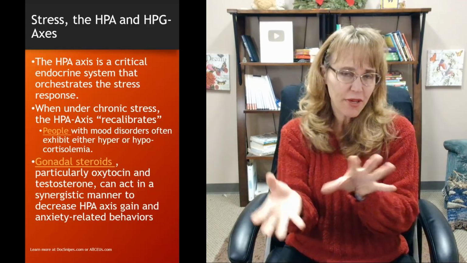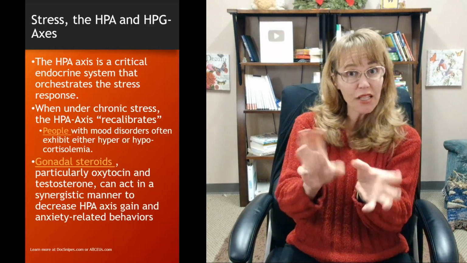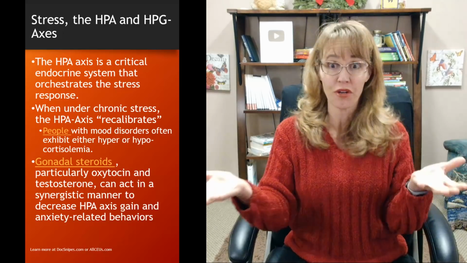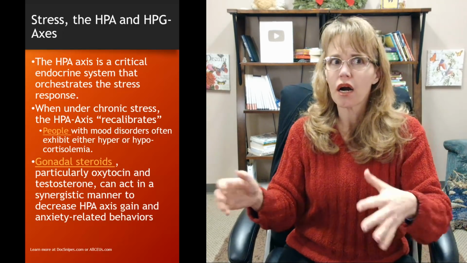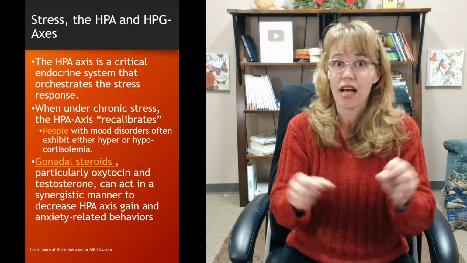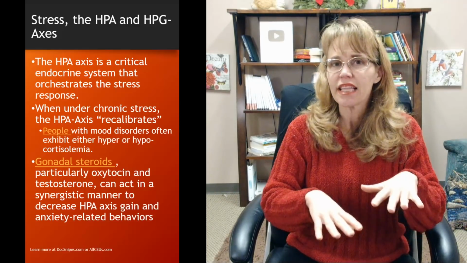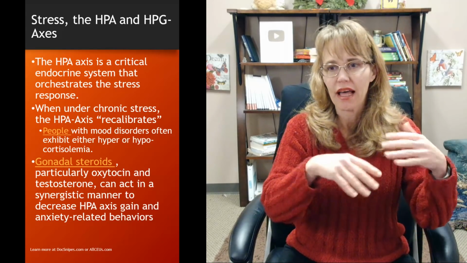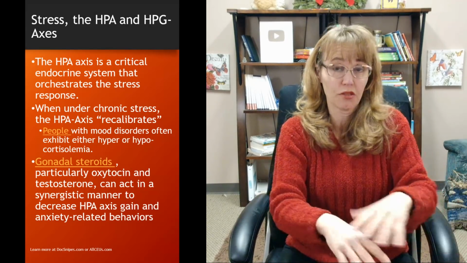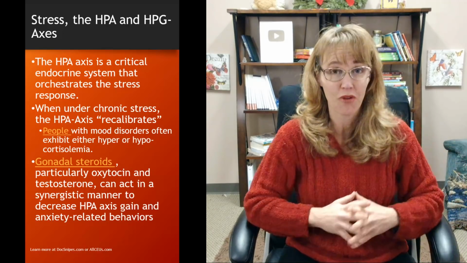Now we've talked about when this HPA axis recalibrates, we go into a situation that I call the flat and the furious. When people are not in extreme distress, they're not freaked out, they tend to be flat or have hypocortisolemia. They have excessively low levels of cortisol.